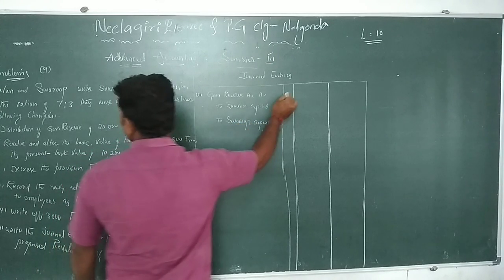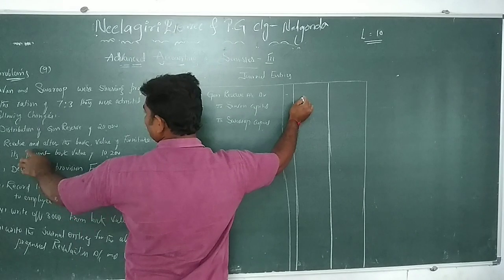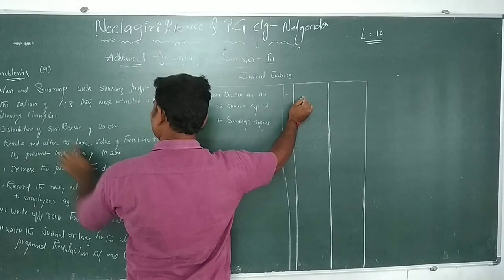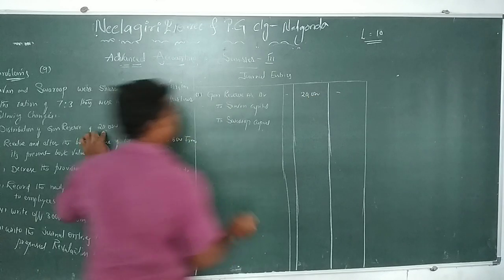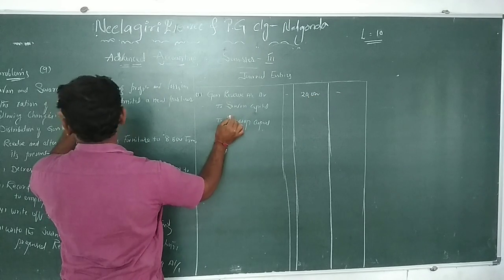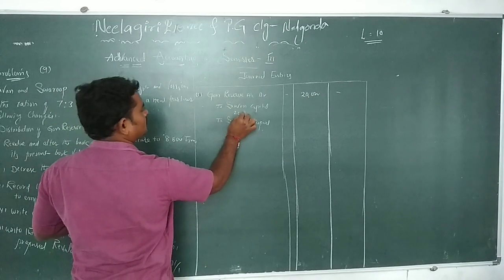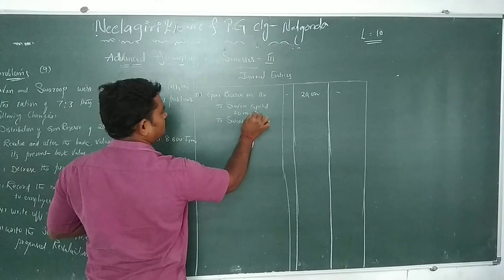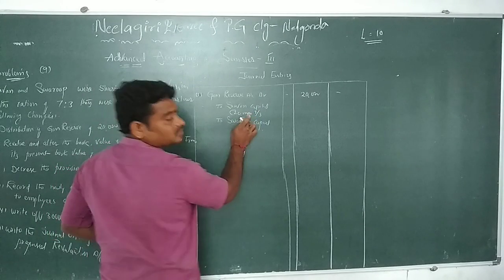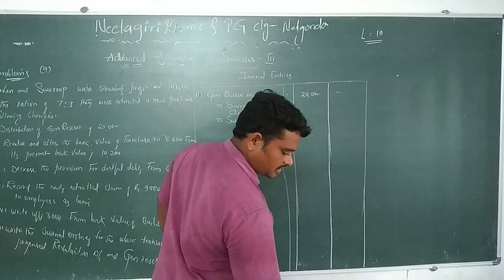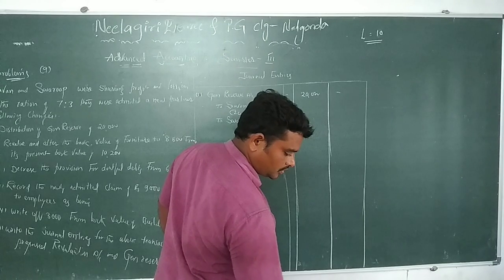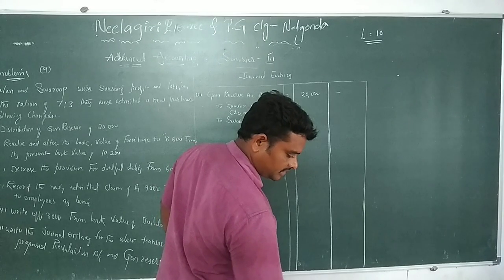What is the amount of the general reserve? 20,000. Calculate in the ratio of 7:3. 20,000 into 7 by 10.